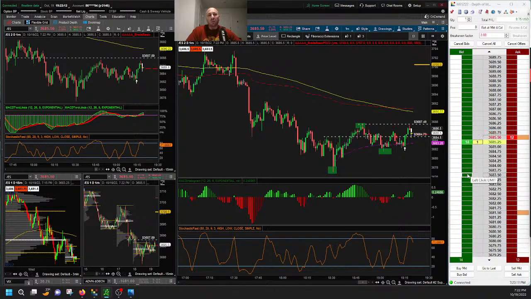Very rarely, sometimes I'll go 2.5 points if I can't get a better fill, but I think it's going to bounce. Again, you've got to be flexible, but I've been doing this long enough. I'm allowed to change it to a little more, but usually 2 points is my sweet spot.